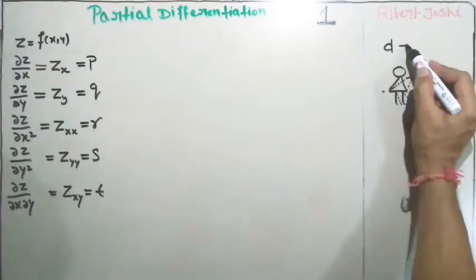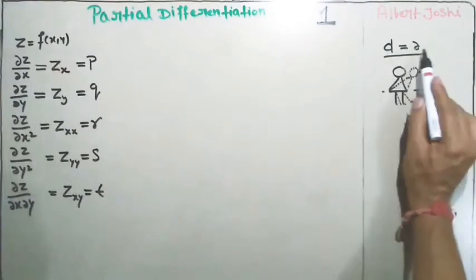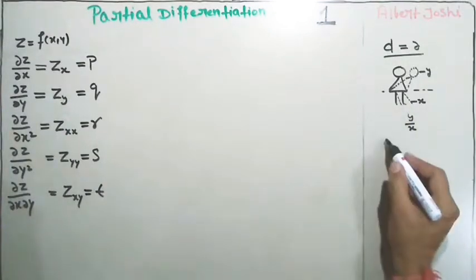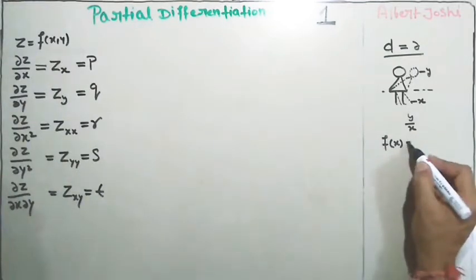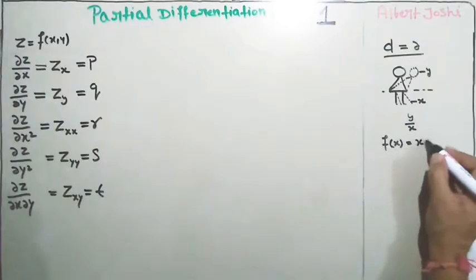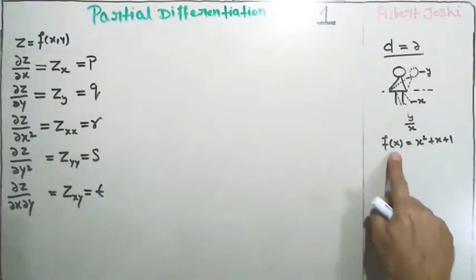This D and this D both are same. This is also derivative, this is also derivative. If you have only one variable in a function, x square plus x plus 1, this is a function and there is only one variable.